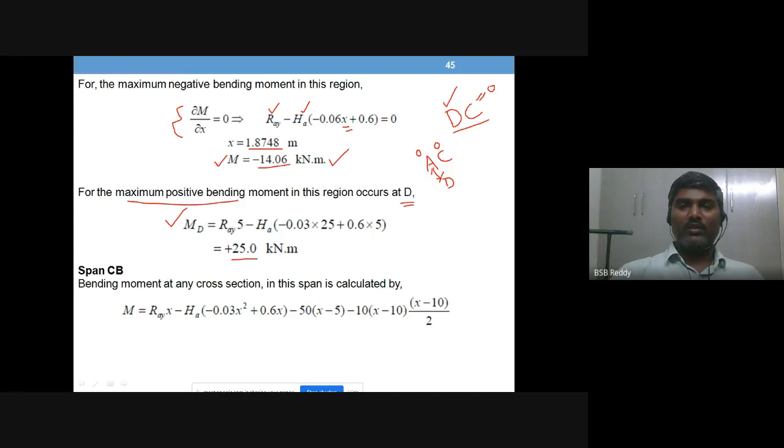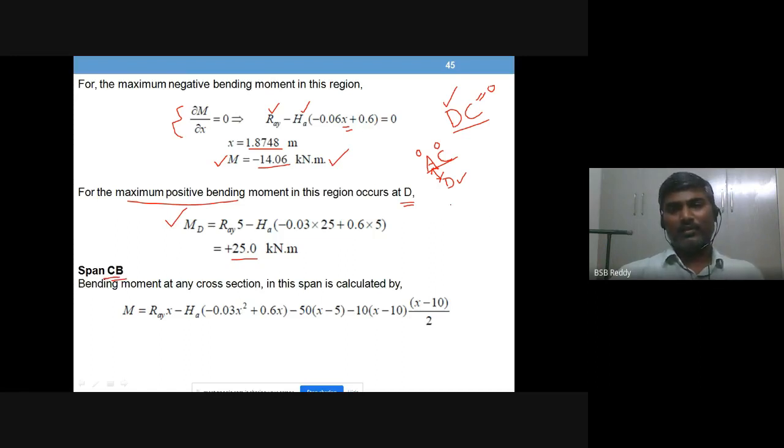Between AD you have a maximum value in terms of negative moment, 14.06, and you don't have any maximum or minimum between D and C, it only occurs at D. This is the complete analysis of portion AC.